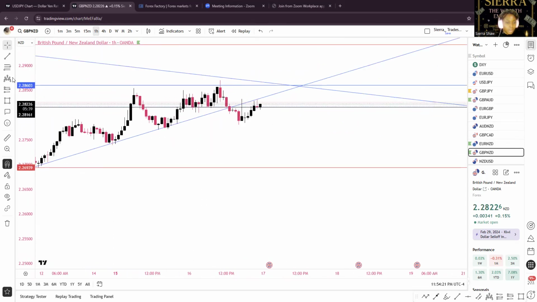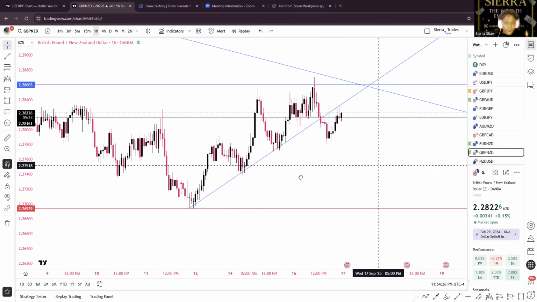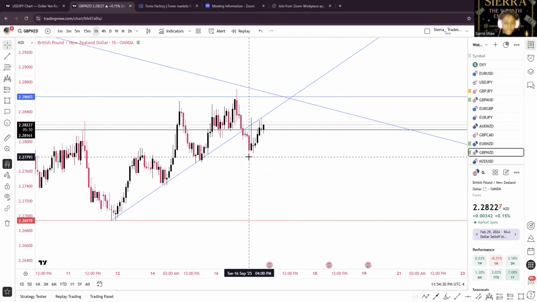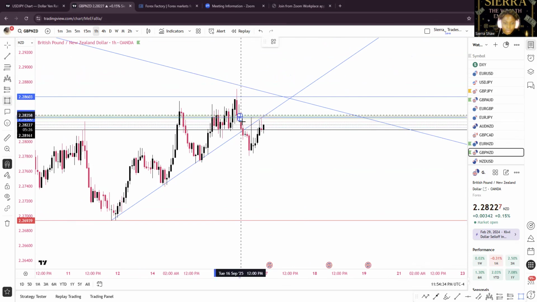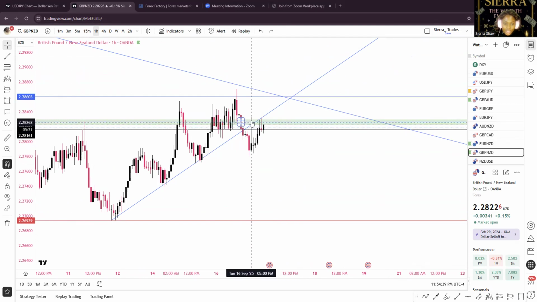So now we're going to come up to our hourly time frame. All right, and this here is our daily fair value gap that led price down. Now we have this hourly fair value gap here that price came and rejected here during swap.